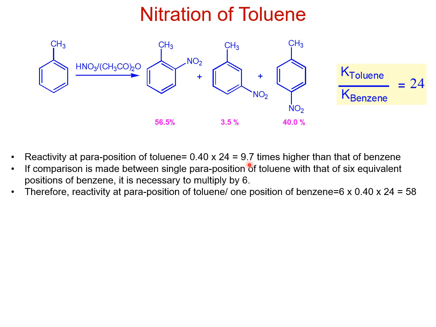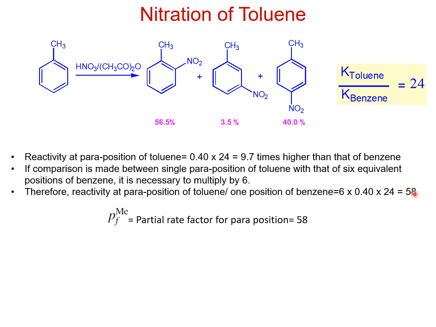Since we would like to compare reactivity of para position with one position of benzene, and benzene has 6 equivalent positions, it is necessary to multiply by 6. Thus, to calculate reactivity at para position of toluene relative to one position of benzene, 9.7 is multiplied by 6 and the answer is 58.